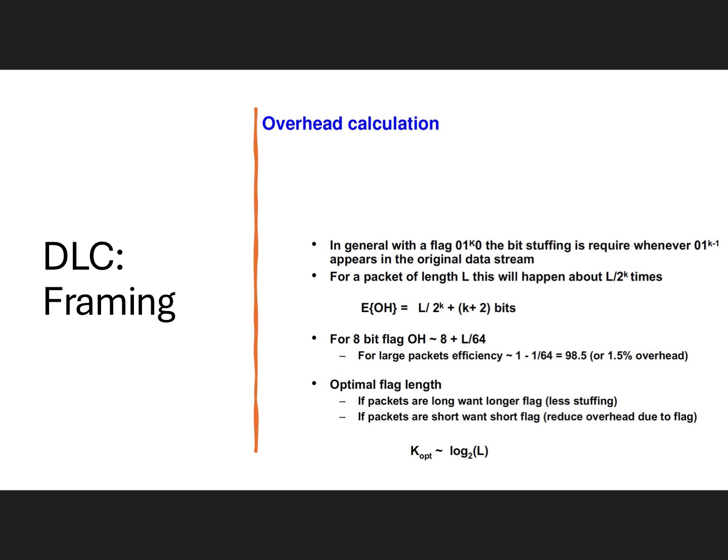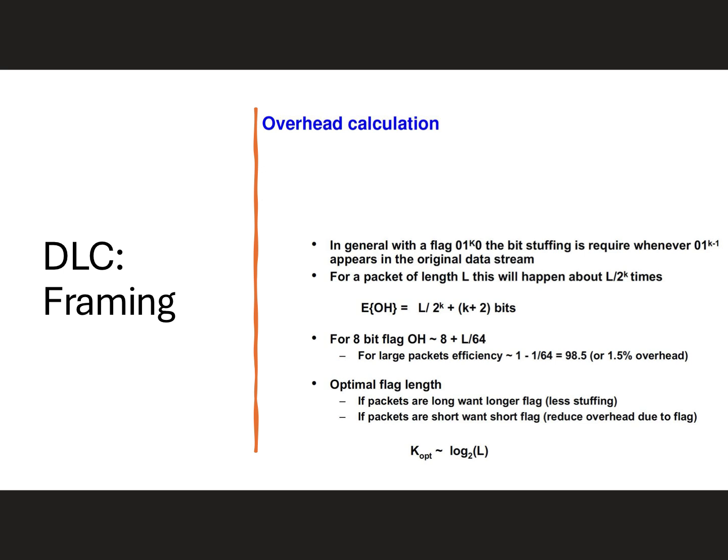All of these are bits that are not carrying information, so they are an overhead. So we always need to figure out how big that overhead is versus how big the part carrying information is, and then we can calculate the efficiency accordingly. The efficiency is going to be the overhead divided by the total length of the packet.